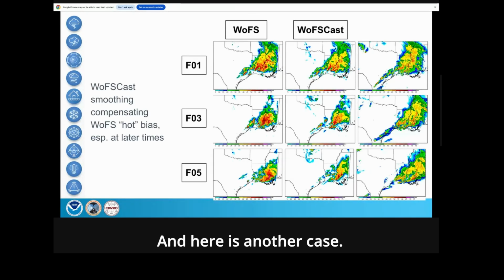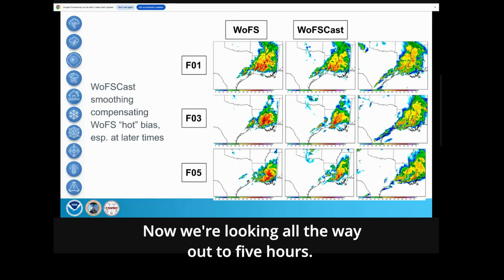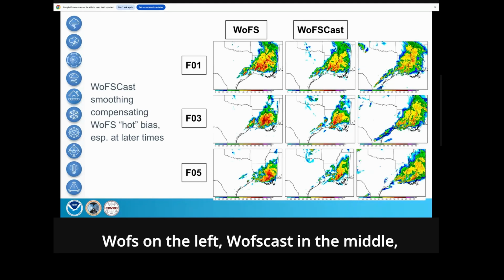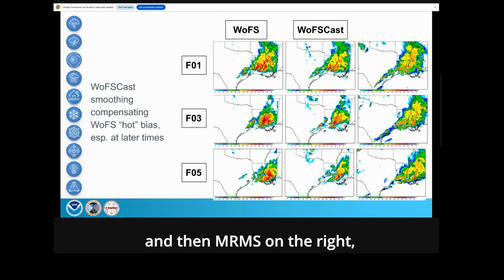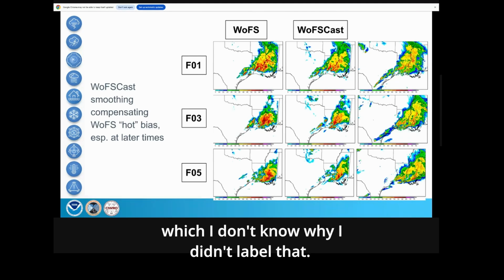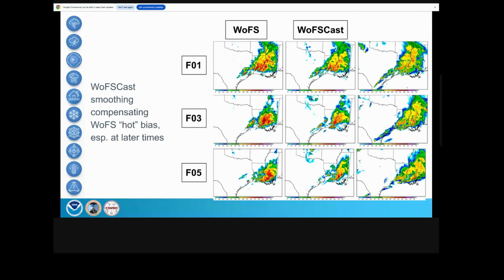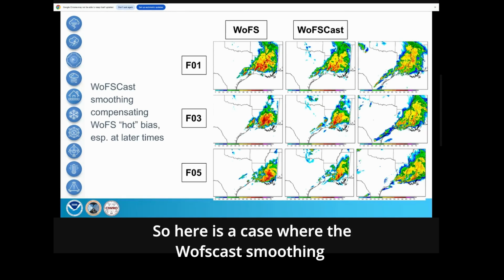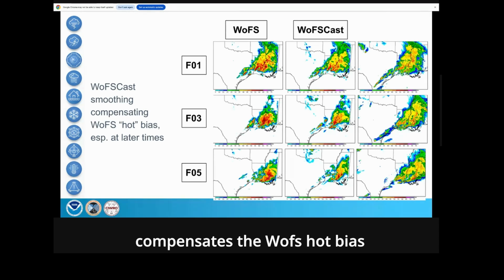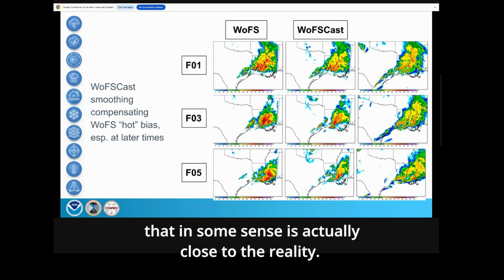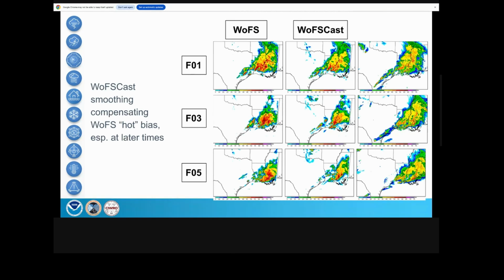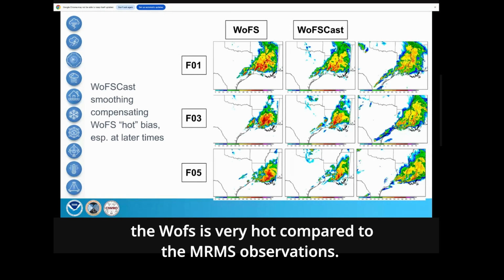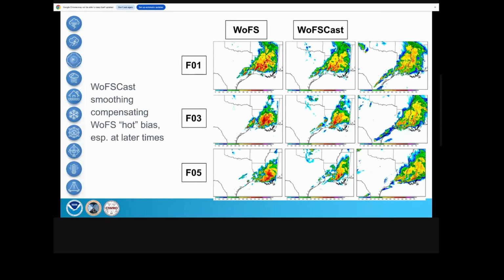And here is another case. Now we're looking all the way out to 5 hours. WoFS on the left, WoFSCast in the middle, and then MRMS on the right, which I don't know why I didn't label that. So here is a case where the WoFSCast smoothing compensates the WoFS hot bias and actually ends up with a result that in some sense is closer to reality. So if you look at hour 5, the WoFS is very hot compared to the MRMS observations.